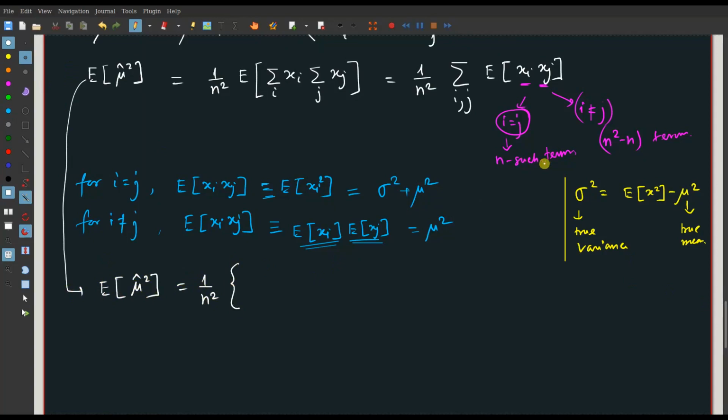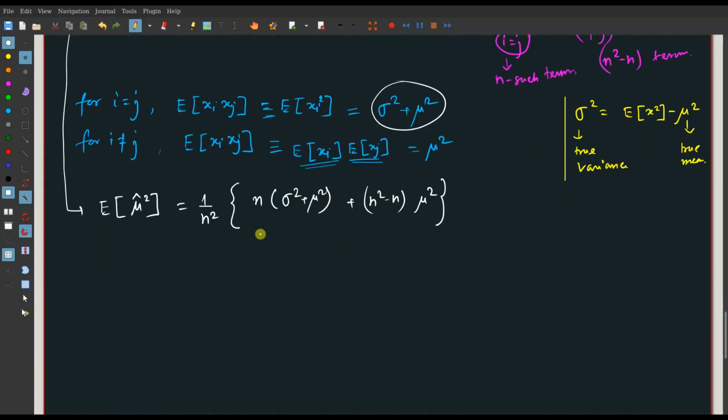Then I have n diagonal terms, so n times sigma square plus mu square, plus n square minus n off-diagonal terms, each just mu square. Now if you simplify this, you will simply get sigma square over n plus mu square. Remember, this sigma and mu on the right hand side are the true values of sigma and mu respectively.